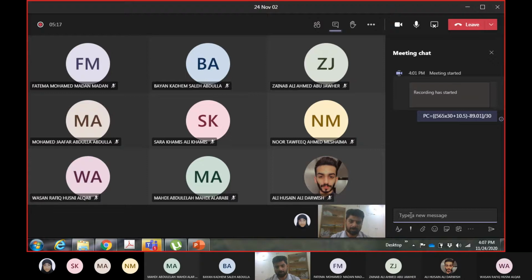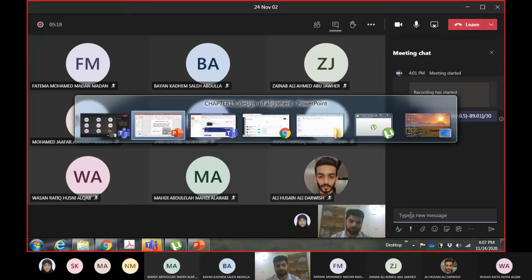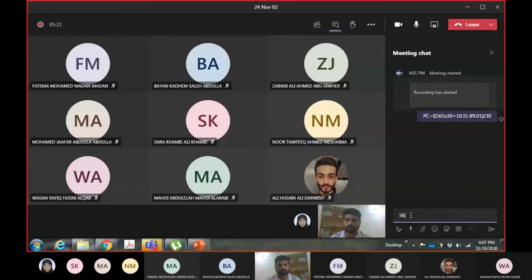Now when you convert this value to stations, you will get something like 562 point, how much was it? If you divide by 30, how much will you get?